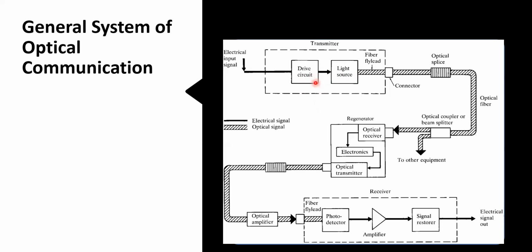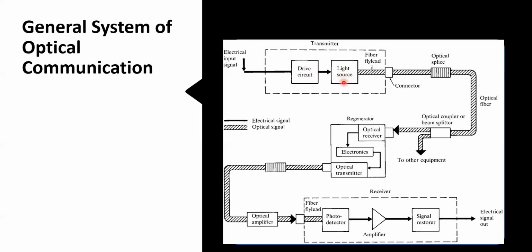By varying the bias current, you vary the intensity, and by intensity modulation, the electrical signal is converted to a light signal, which comes out of the light source.